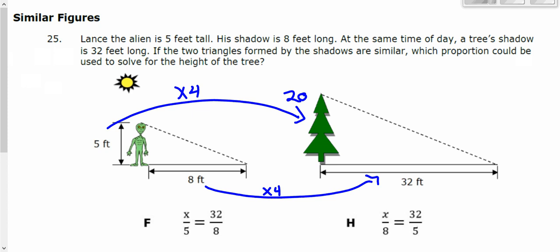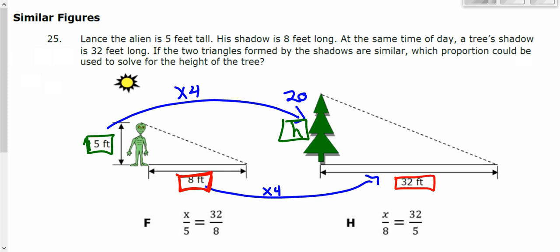But I'm looking for a proportion. So this can be really helpful because by seeing that, you've already recognized that 5 and the height of my tree are corresponding sides, and that 8 and the shadow of my tree are also corresponding sides.